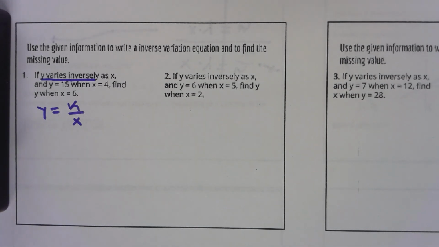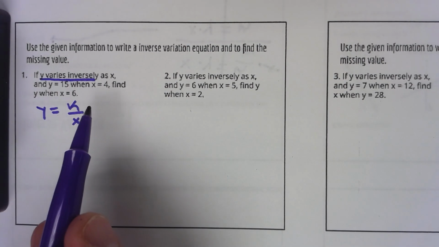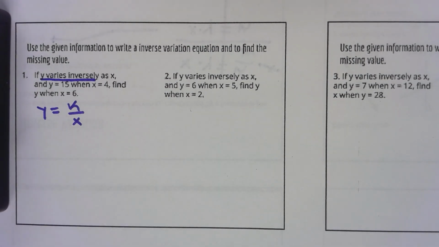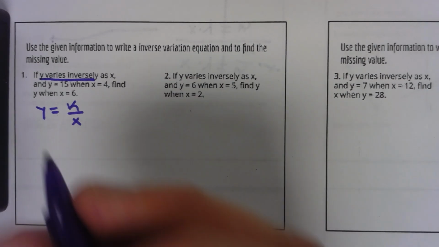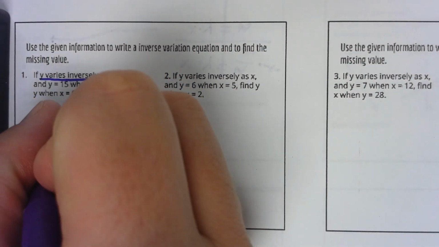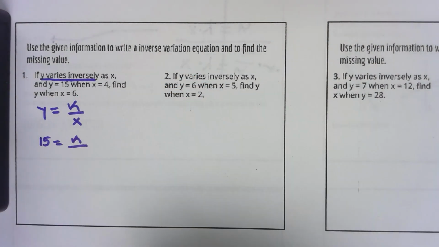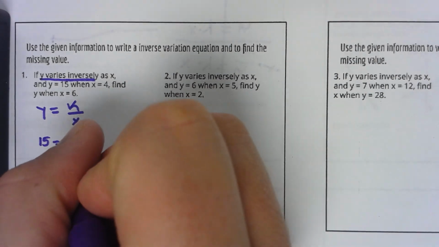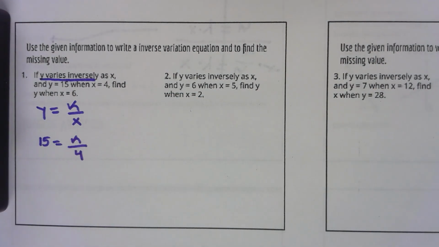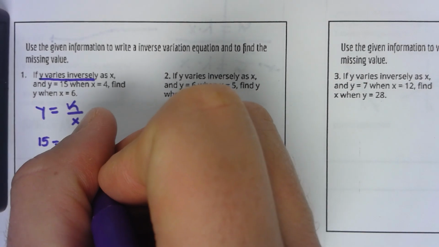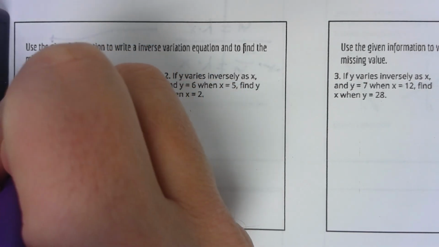And then, using the given values of y and x, we can solve for k and then come up with our equation. So I'm going to take y, which is 15, equals k, which is what we're solving for, divided by the given x value of 4, and I can get k by itself by multiplying both sides by 4.